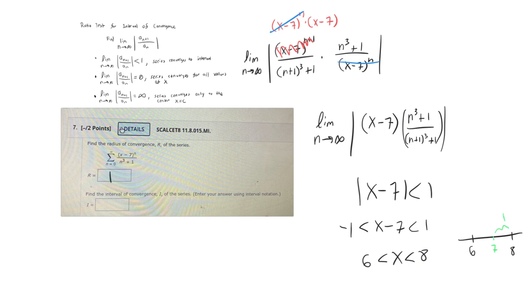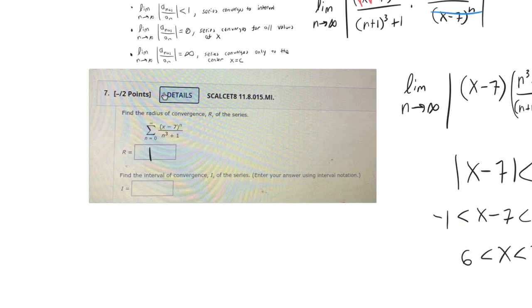Okay, now we need to find the interval of convergence, so let's see what happens when we plug 8 into this. When we plug 8 into this right here, we're going to get the following series. We're going to have 1 up there over n to the 3rd plus 1.